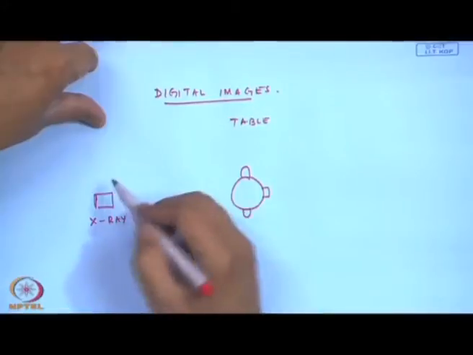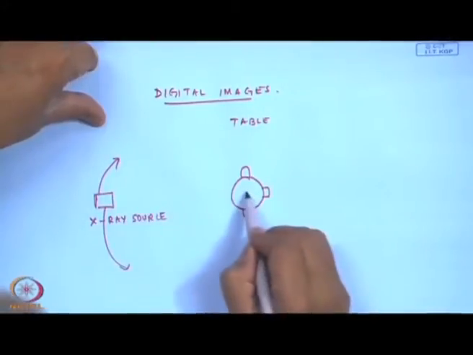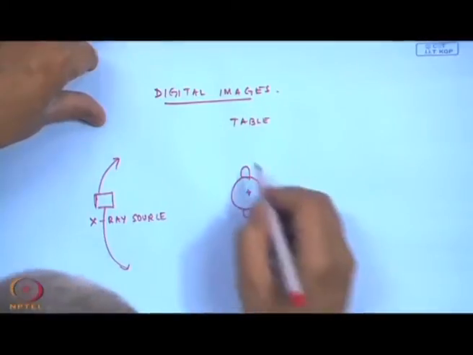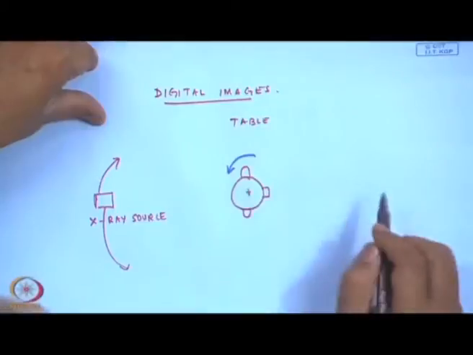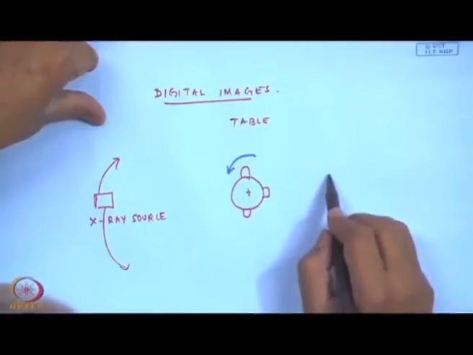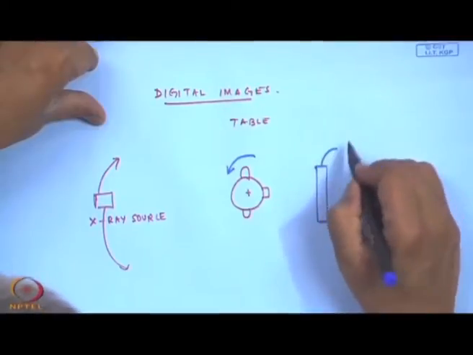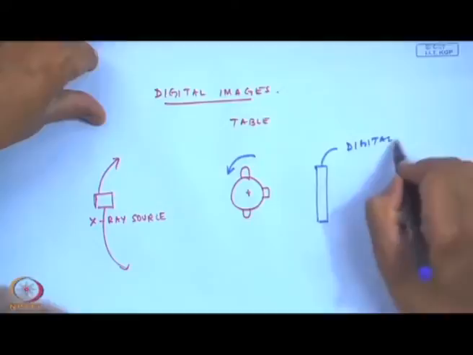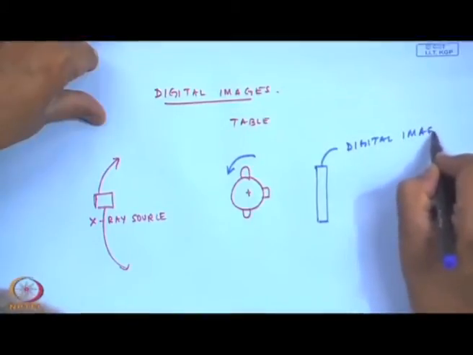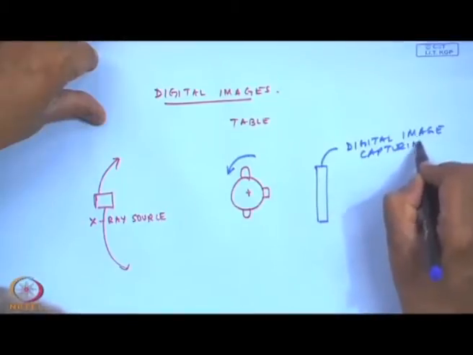You can either have the X-ray source move around in a circular arc around the body, or you can turn the body, and then you can appropriately have a digital image capturing device.